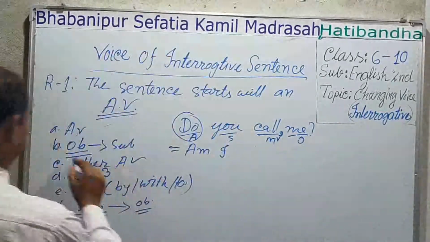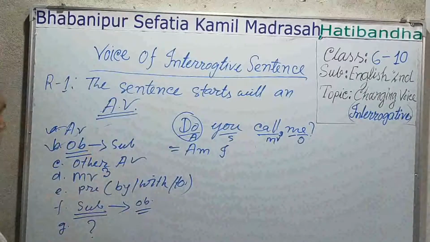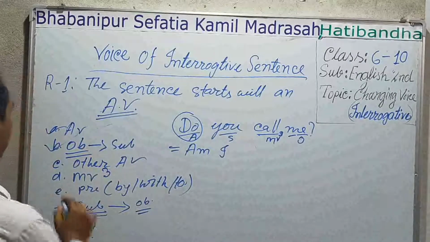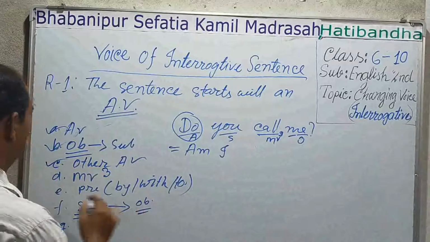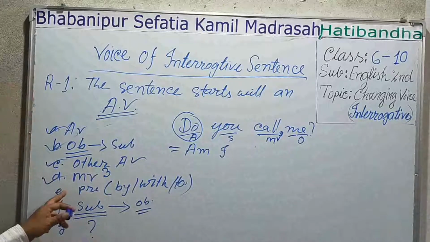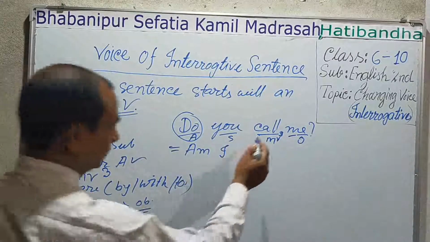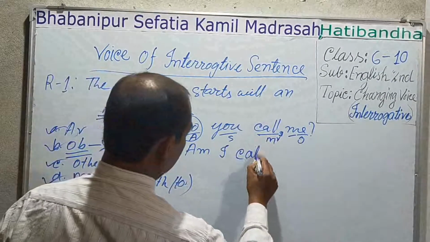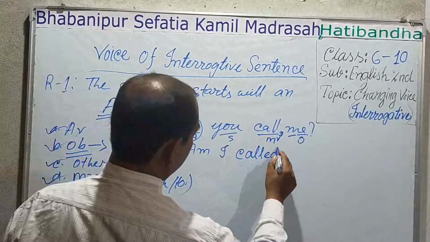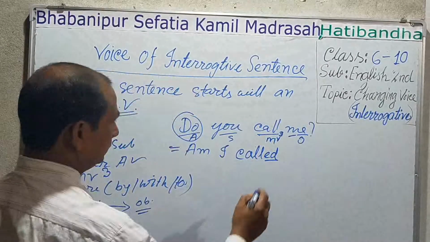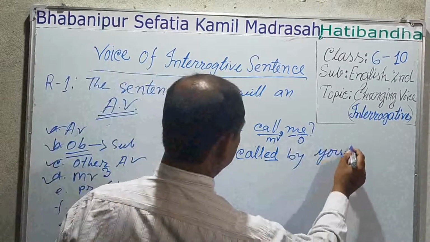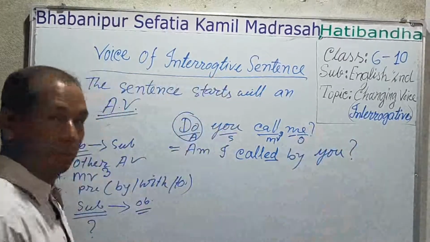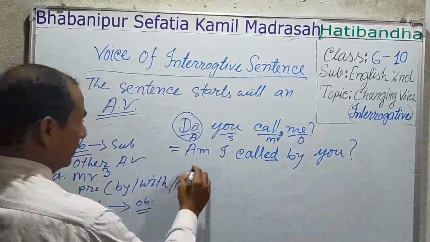And we got no other auxiliary verb. Here is the main verb past participle. Here call is the main verb, past participle called, ed, plus interrogation. Clear?